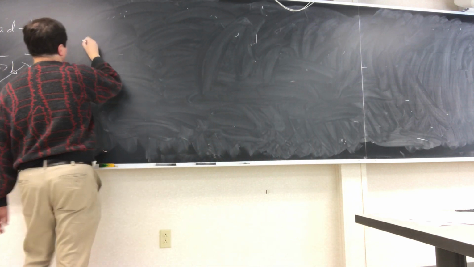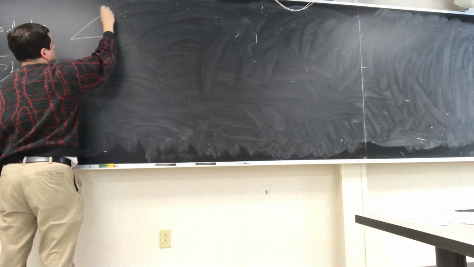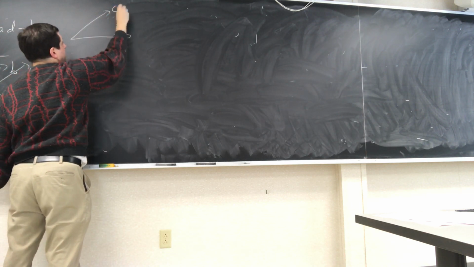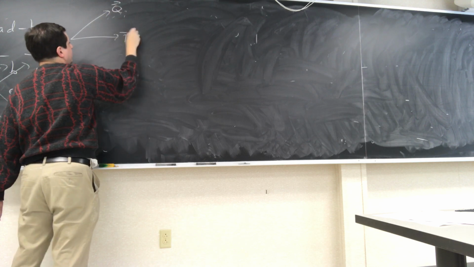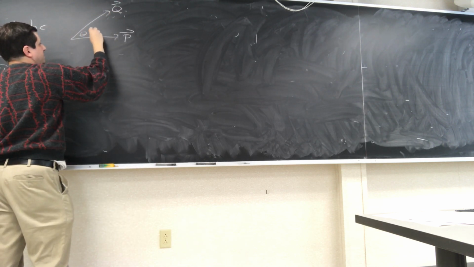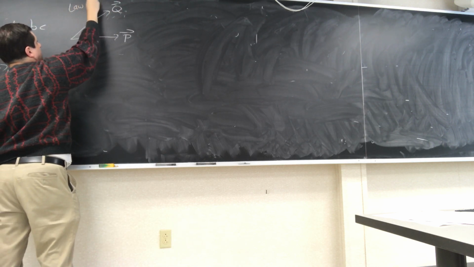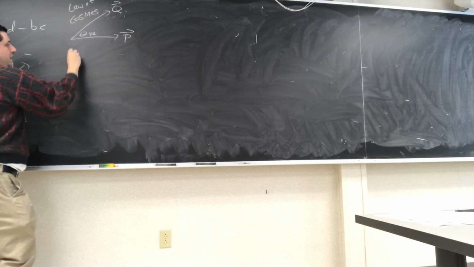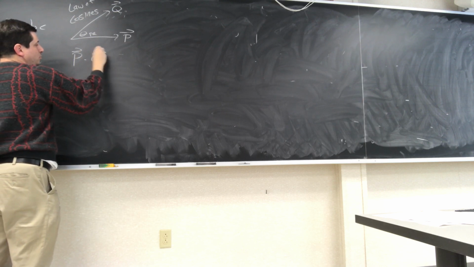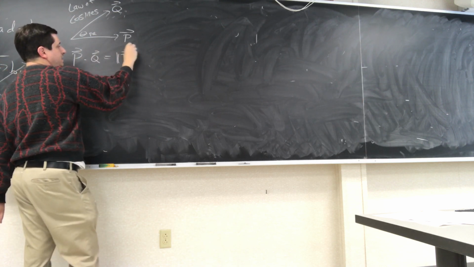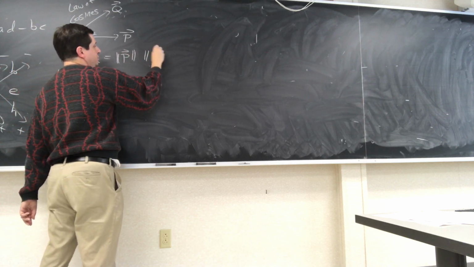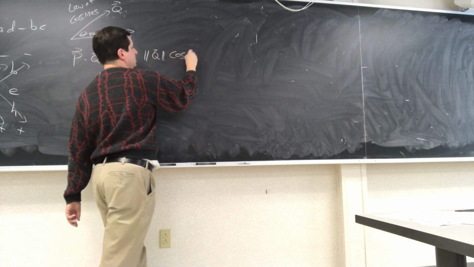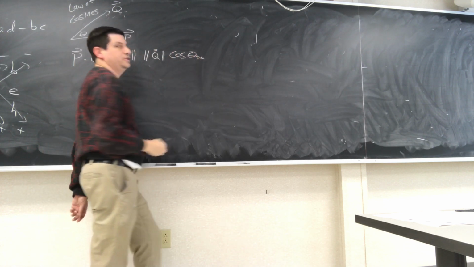For the law of cosines, if we have P and Q, I like to put arrows on them to remind myself that it's a vector. So this is the law of cosines. And I can say P dotted with Q is the length of P times the length of Q times the cosine of the angle between P and Q.